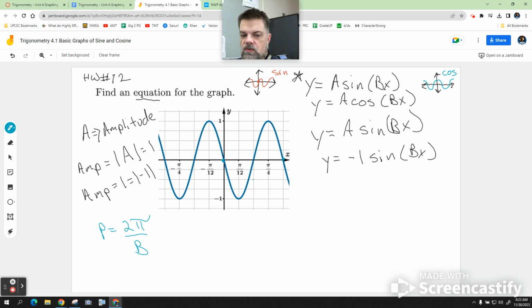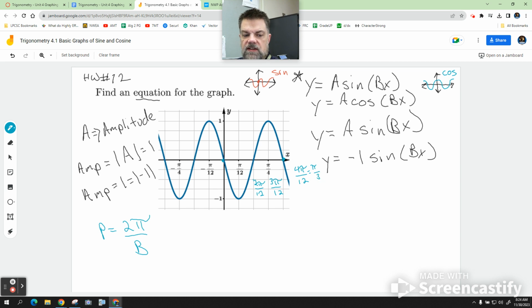That means this would be 2 pi over 12. That makes this 3 pi over 12, which reduces down to 1/4, right? So what would this be? 4 pi over 12. And what does that reduce down to? Pi over 3.